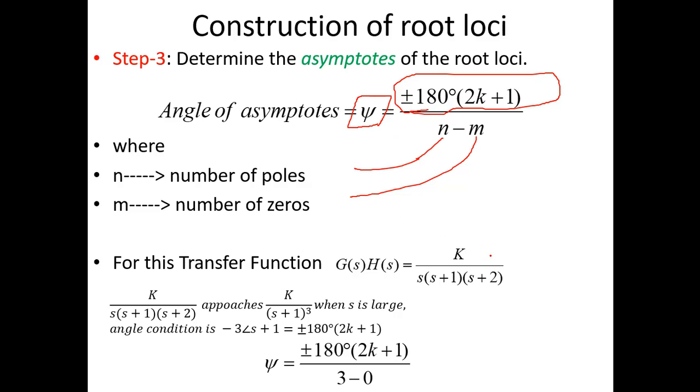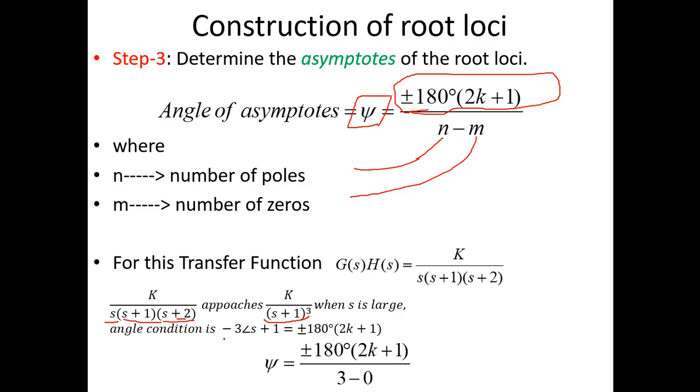Let's do a quick example. For a transfer function K divided by s(s plus 1)(s plus 2), when s becomes much larger, you can ignore the constants in the factors, and it becomes one quantity, s cubed.